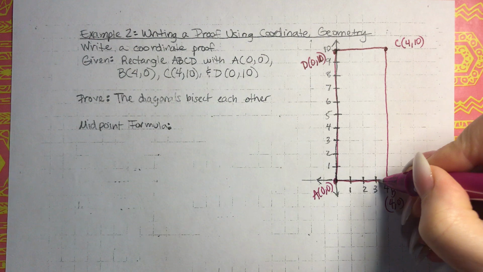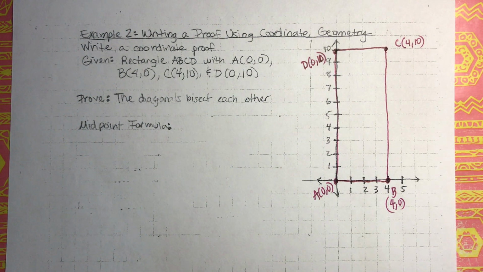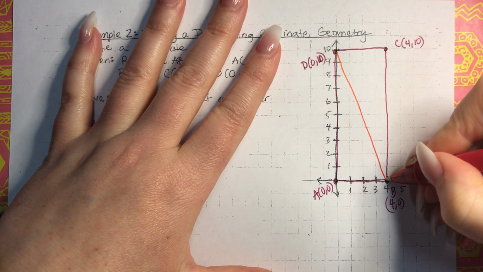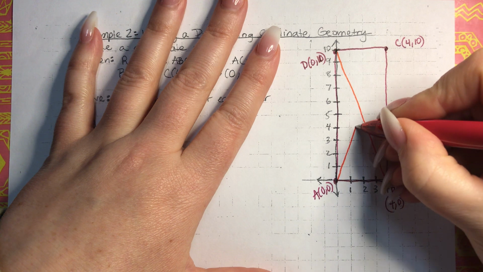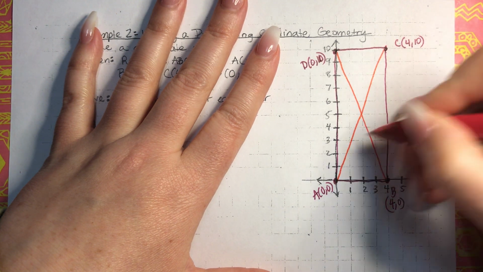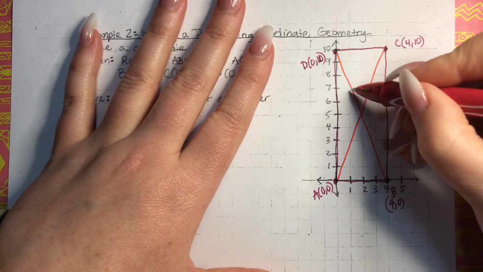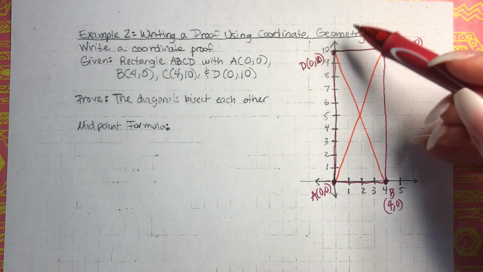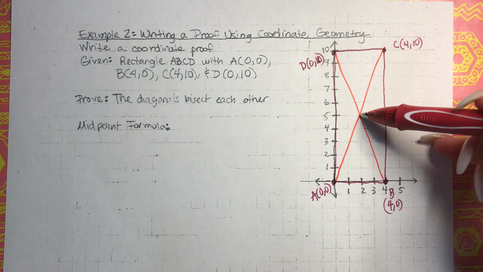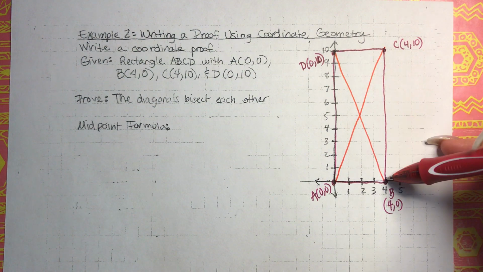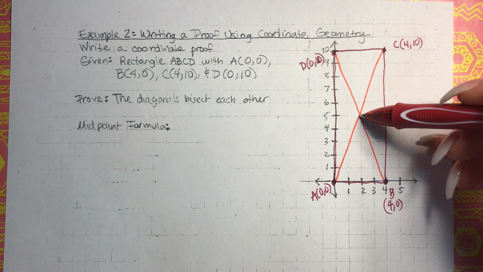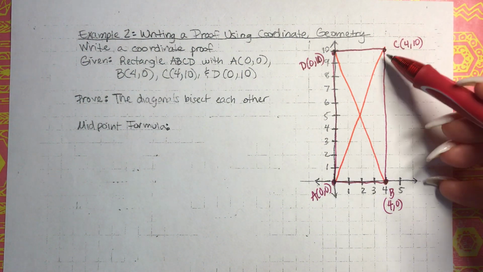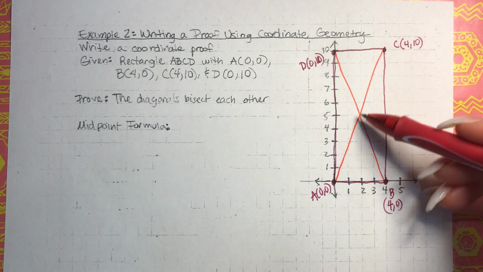Okay, and then what we're trying to do is prove that these diagonals bisect each other. That means they cut each other in half. So this side would be the same as this, and this would be the same as this, right? For these to be bisected, this is the midpoint of this line, and this is also the midpoint of the other line.